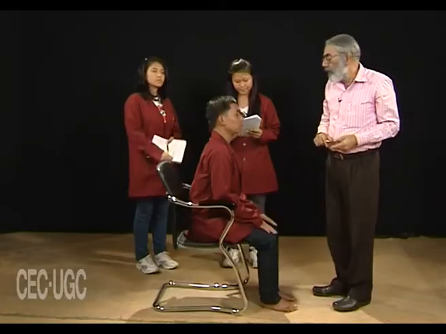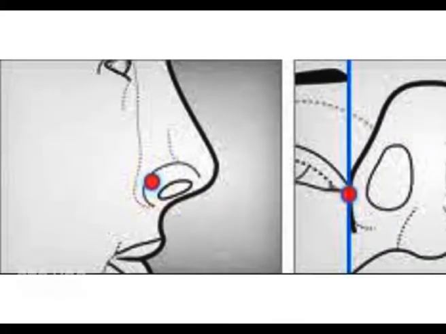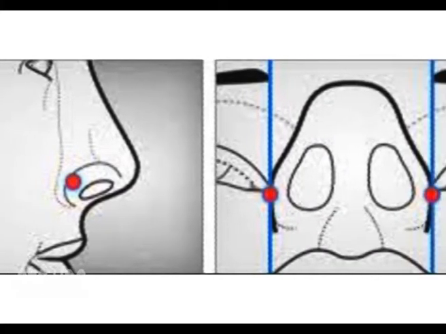Next measurement is nasal breadth. Nasal breadth is a very crucial measurement because it is taken between the lateralmost points on the nasal wing of a person. Now this portion is the nasal wing of an individual on either side, and the point which is the most lateral is known as LRA.